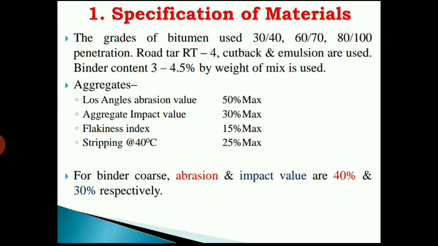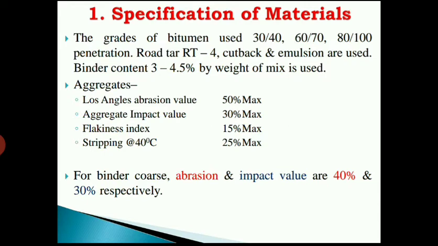And here the aggregates should consist of the following specifications: Los Angeles abrasion value maximum 50%, aggregate impact value maximum 30%, flakiness index maximum 15%, and stripping at 40 degrees Celsius maximum 25%. Here stripping means the separating out of those materials from the binding.